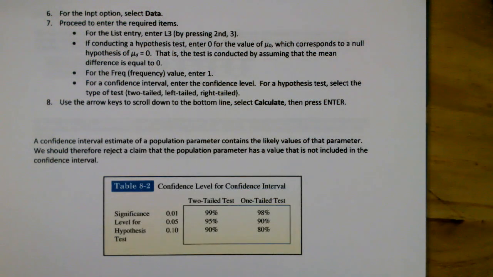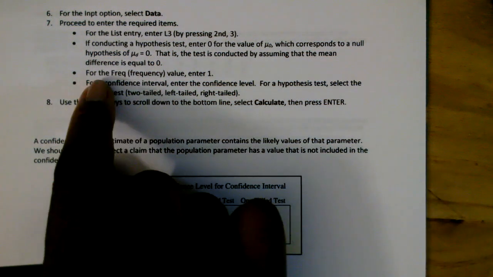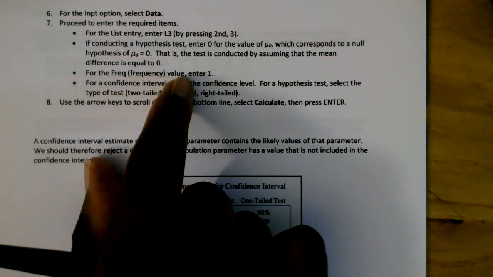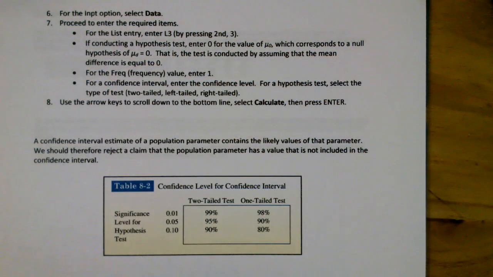That is, the test is conducted by assuming that the mean difference is equal to 0. And then for the frequency value, you'll enter 1. And then for the confidence interval, enter your confidence level.